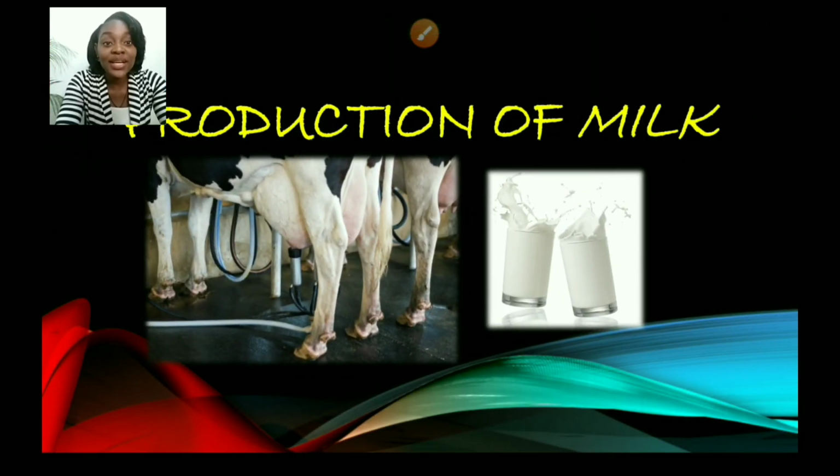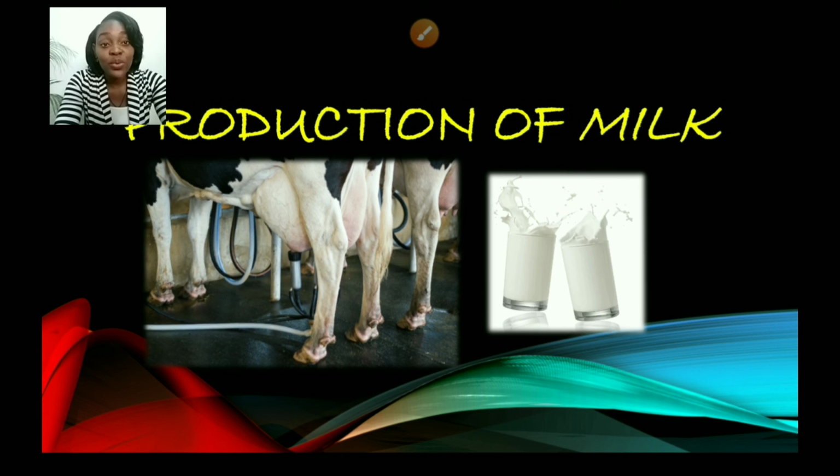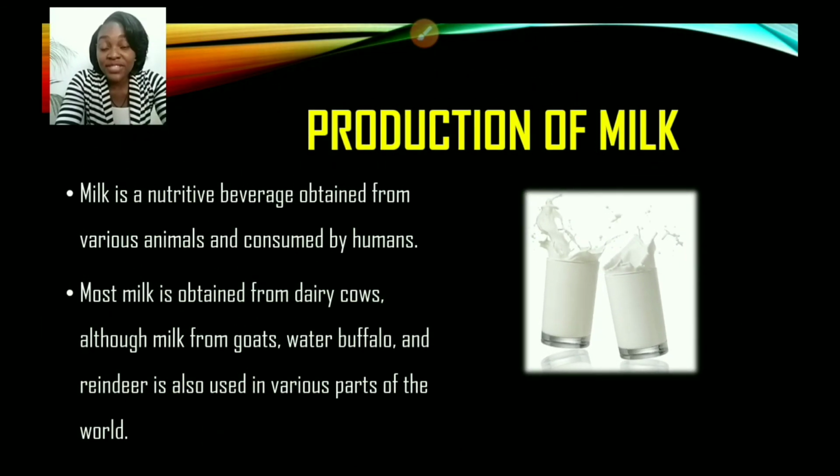Now, let us look at the production of milk. How is milk produced? Do you know how milk is produced? Well, do you have dairy cows at home? Now, let us look at the manufacturing process that is involved in the production of milk.